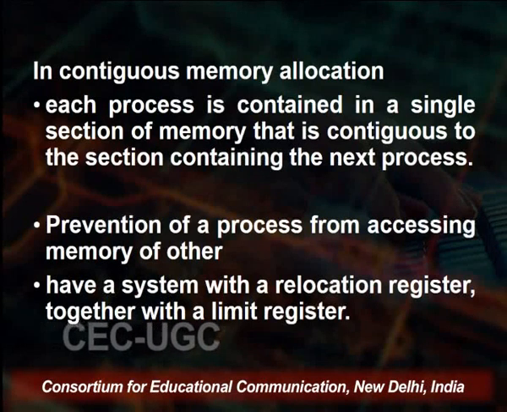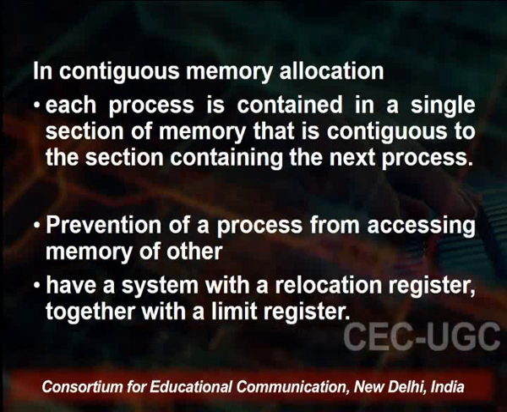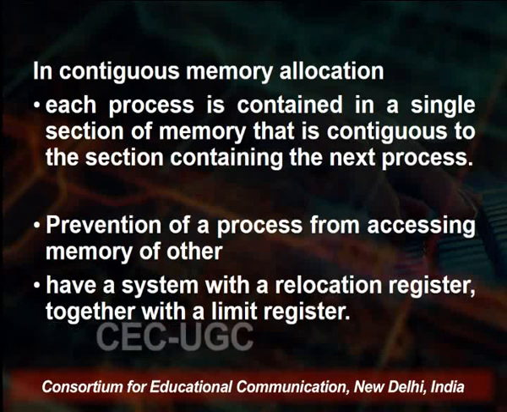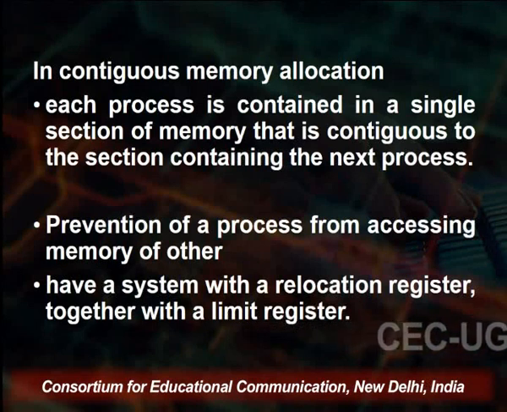For example, if the high memory area is given to various user processes, then where the first process ends, the next process will take up the memory starting continuously from there.